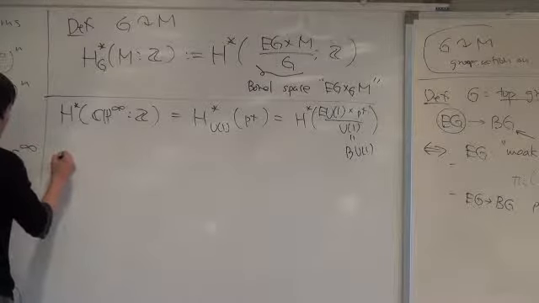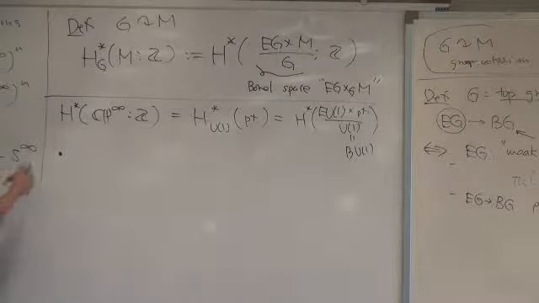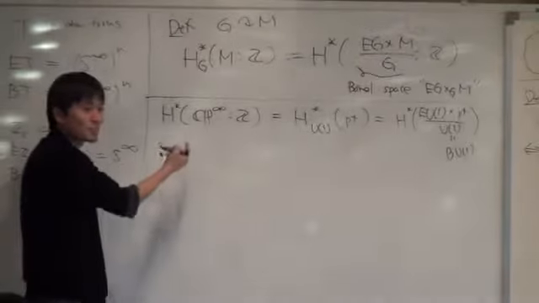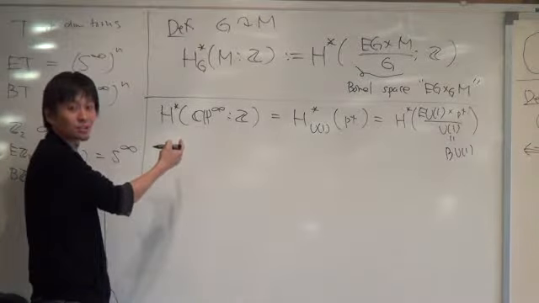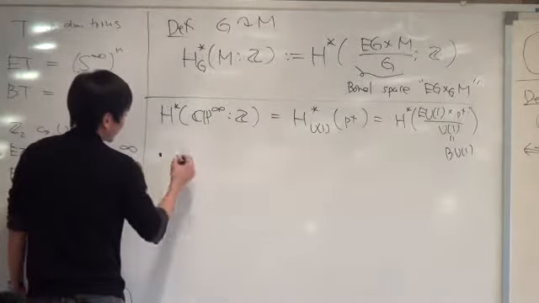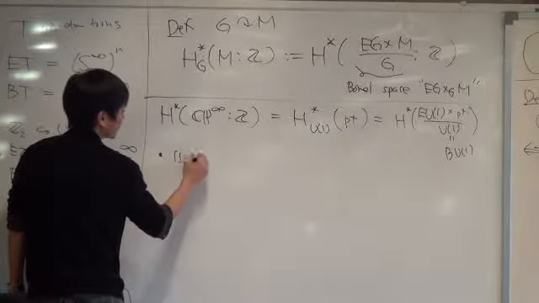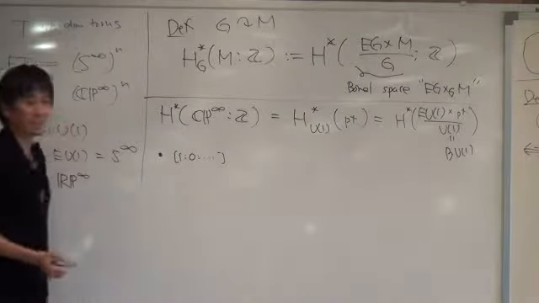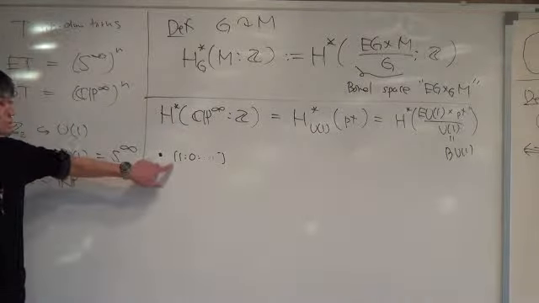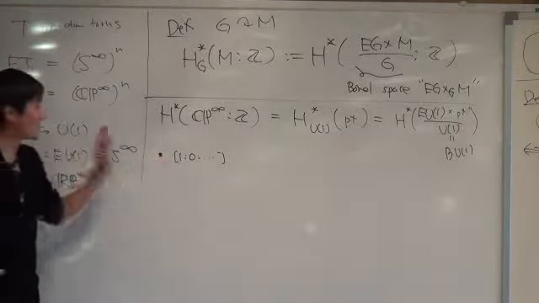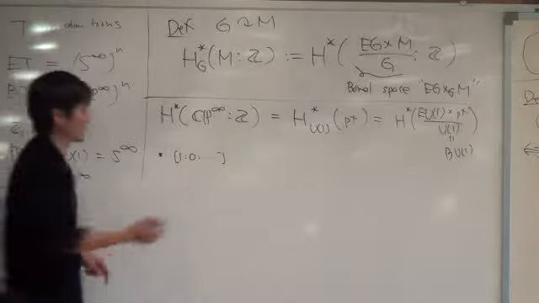So maybe before I actually write the cohomology ring, CP infinity has a nice cell decomposition, right? So let's say the zero cell is (1, 0, 0, 0, 0, 0). Yeah, these are infinite homogeneous coordinates. Yeah, you put 0 except the first one. Okay?